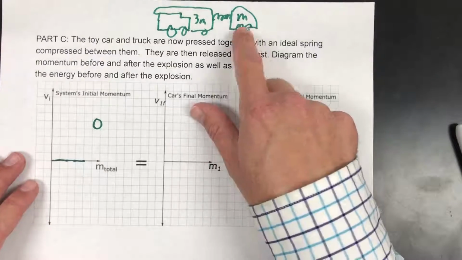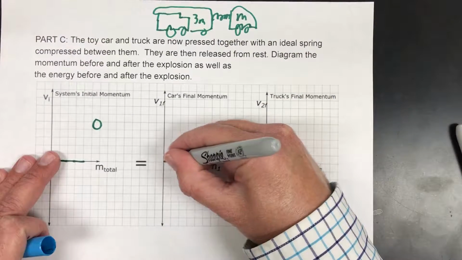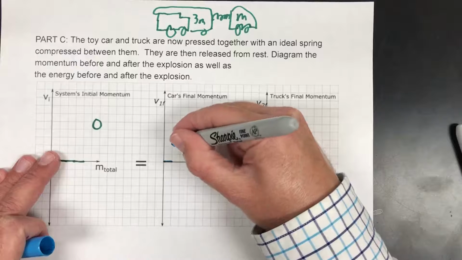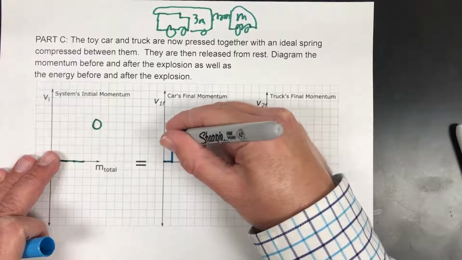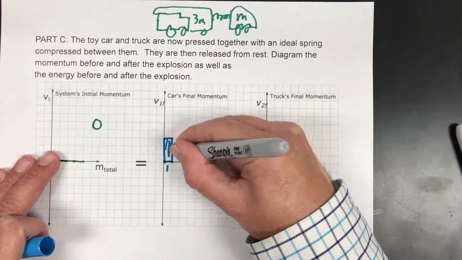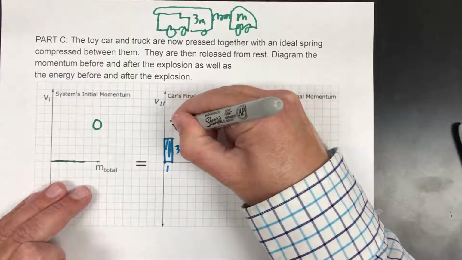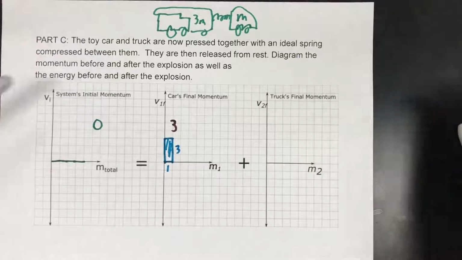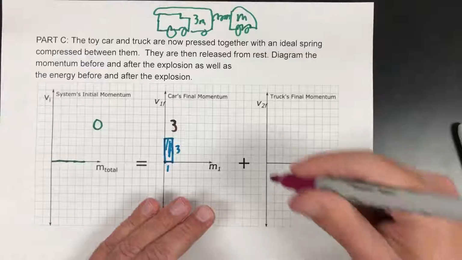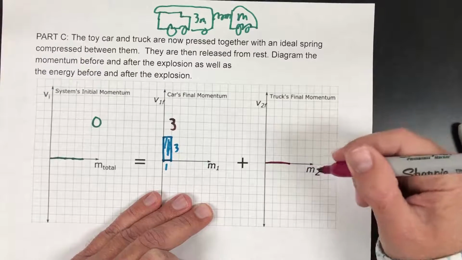So let's look at the car. The car is going to have a positive velocity this time. It's going to fly off to the right. I'm going to draw it 1 block wide because it's got a mass of m, and 3 blocks tall, like that. So we are 1 by 3, and the total momentum of the car is positive 3. The truck's got to cancel that out, but it's got a mass of 3, so 1, 2, 3 wide.